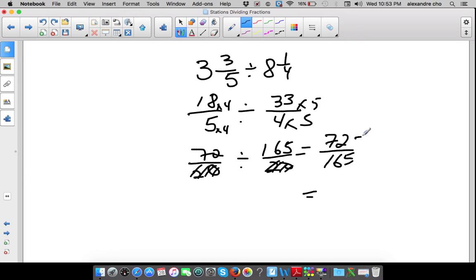So both top and bottom are divisible by 3. 72 divided by 3 is 24. 165 divided by 3 is 55. It can't be divided by anything else, so we're done. 24 over 55 is your final answer.